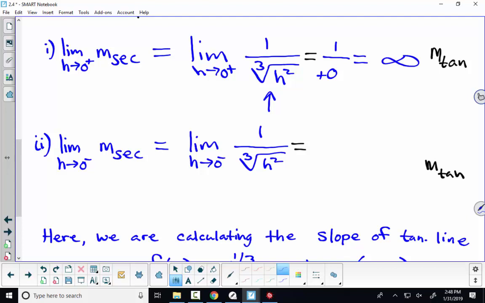That's still true, but we're looking at this in a slightly different sense, because in the context of this problem, that function of h came from describing the slope of all of these secant lines.